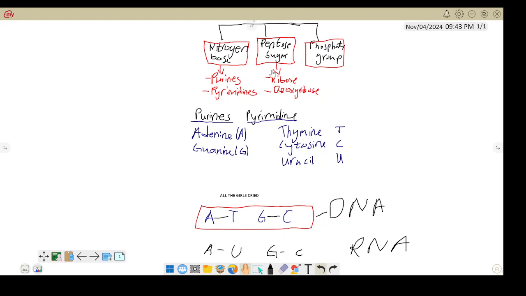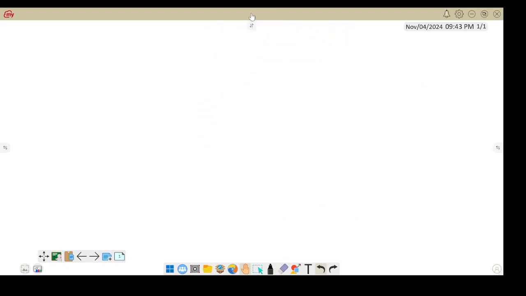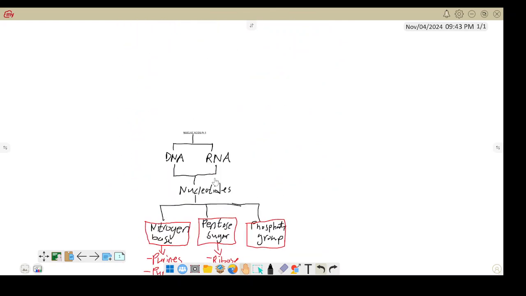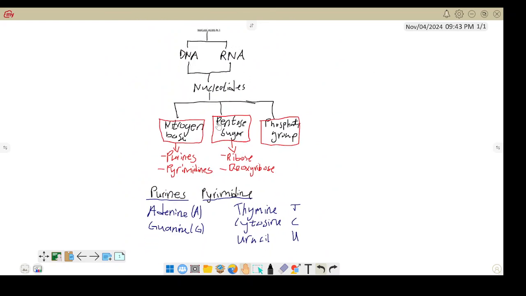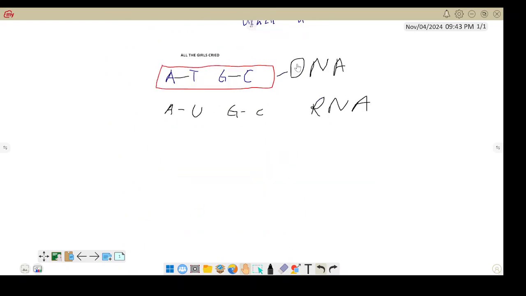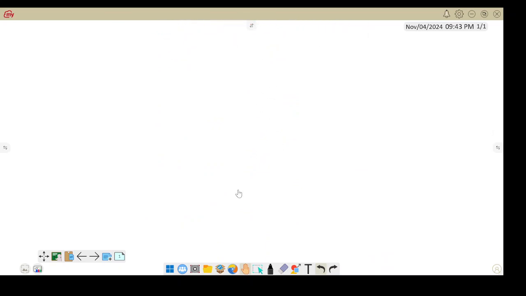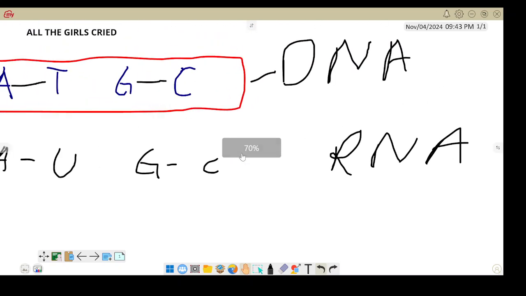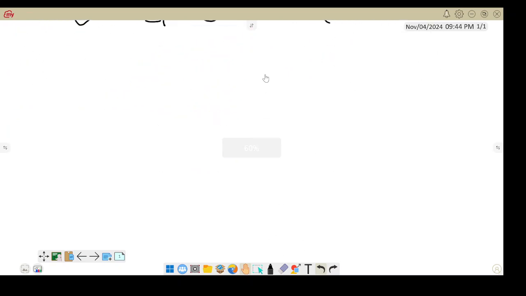Okay, so now we can quickly talk about the sugars. Pentose sugar, ribose sugar. Yeah, so this is our anagram, if I would call it like that. So let's discuss the pentose sugar, and we can call it a night for today's lesson.